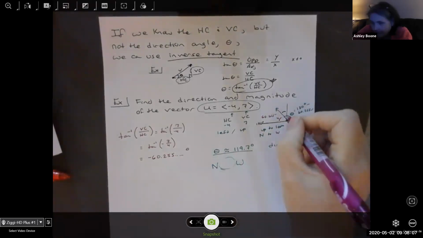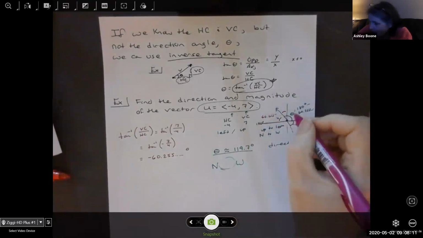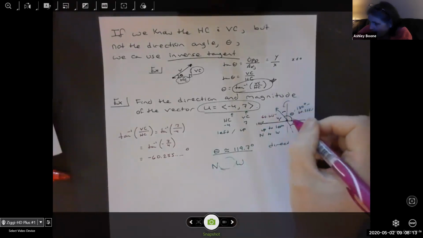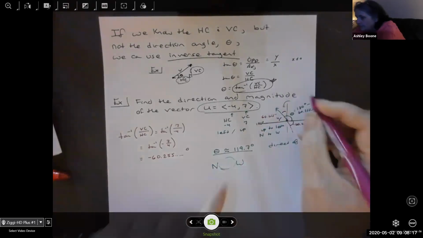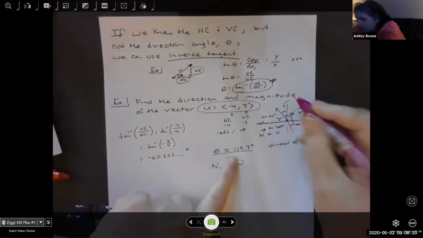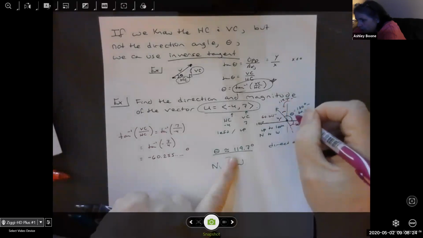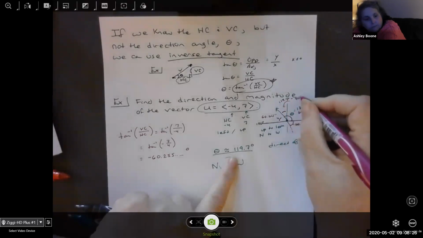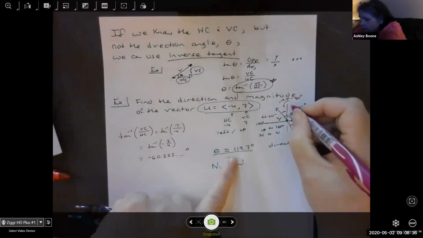How far from the north to the west am I going? If you look at that, you know you have a 90 degree angle here. So if I went the whole angle, 109.7, and I took away the right angle portion of it, what would I have? 19.7?